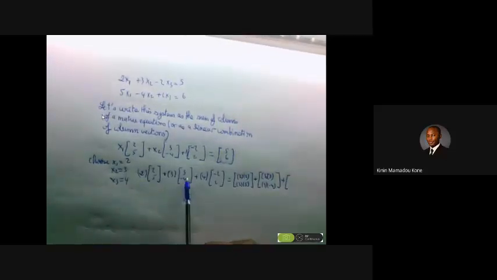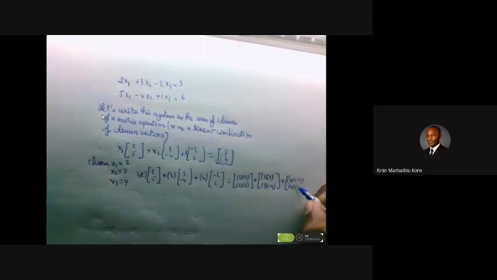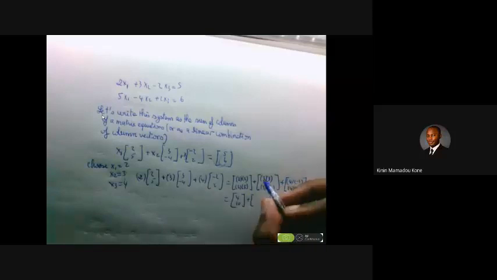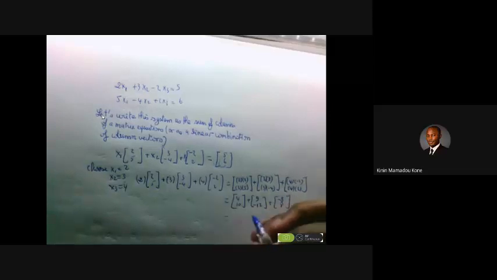Plus 4 times negative 2, which is negative 8, and 4 times 2 is 8. And then I'm going to add them up.